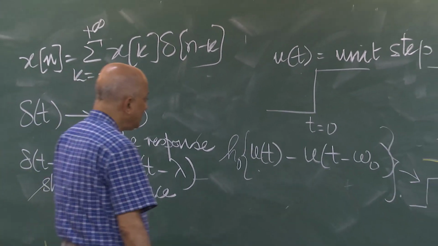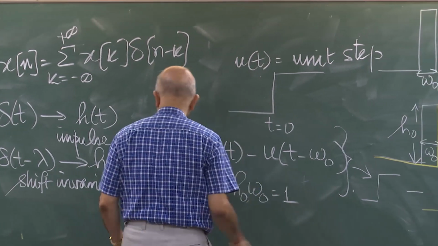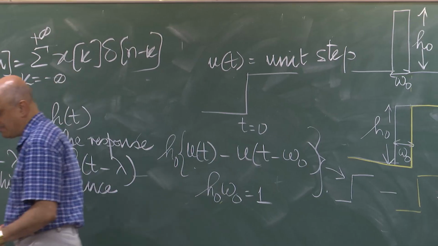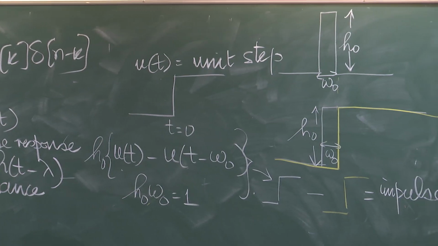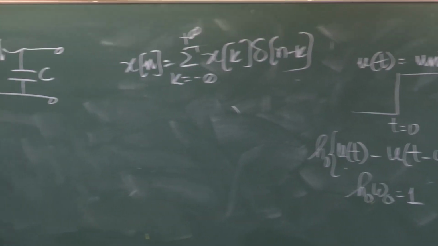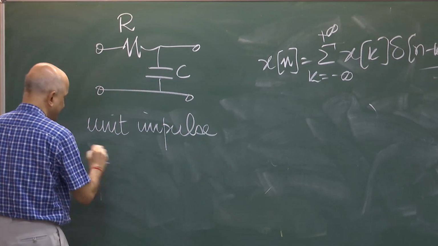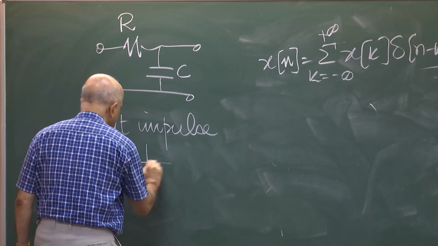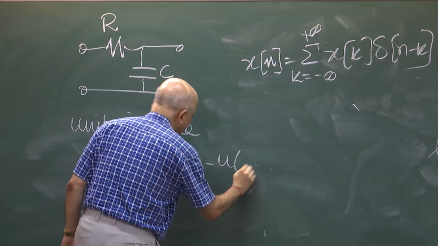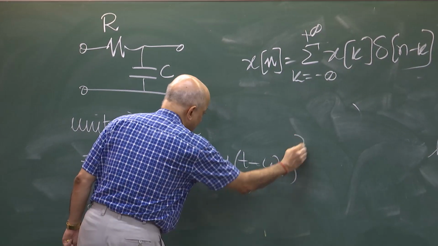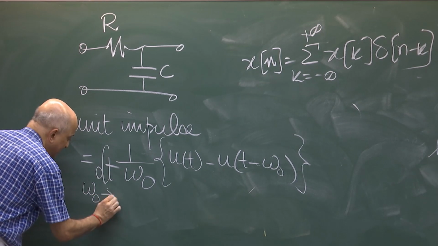Now, if h0 times w0 is equal to 1, then of course you have h0 is 1 by w0. So what is the unit impulse really? The unit impulse really is 1 by w0 times u(t) minus u(t − w0). And in fact, you are taking the limit of this as w0 tends to 0.